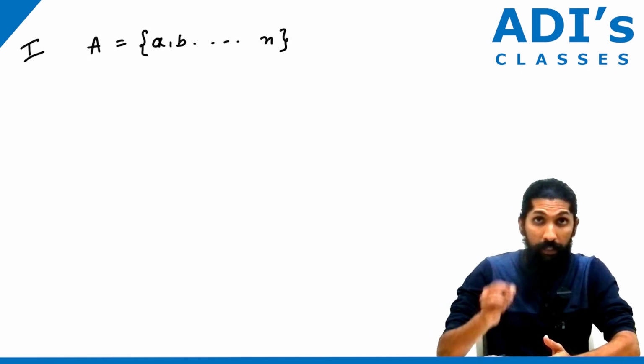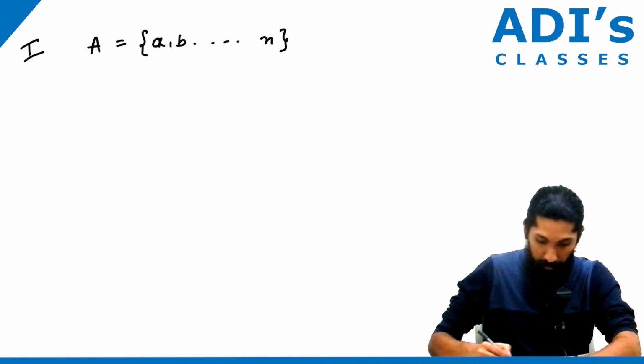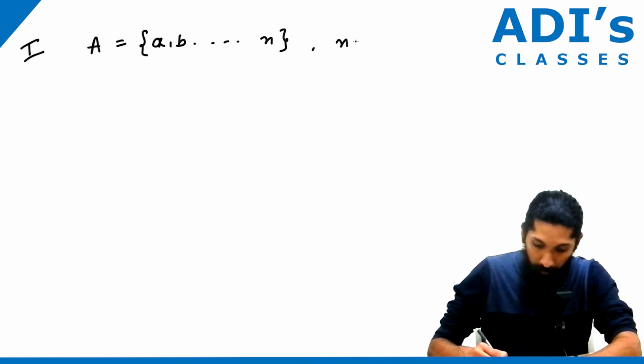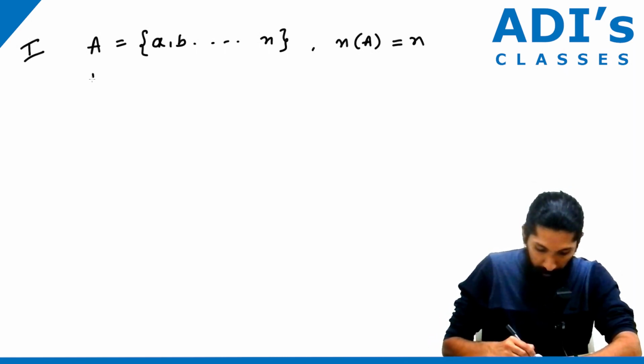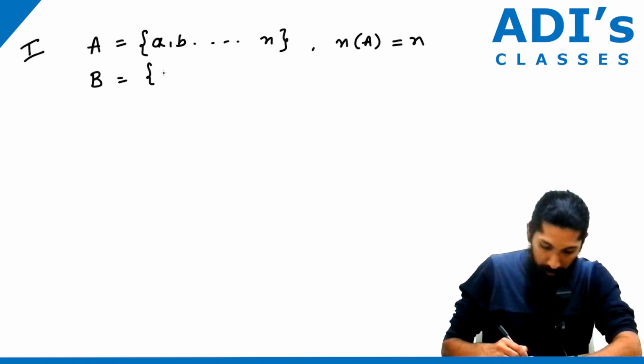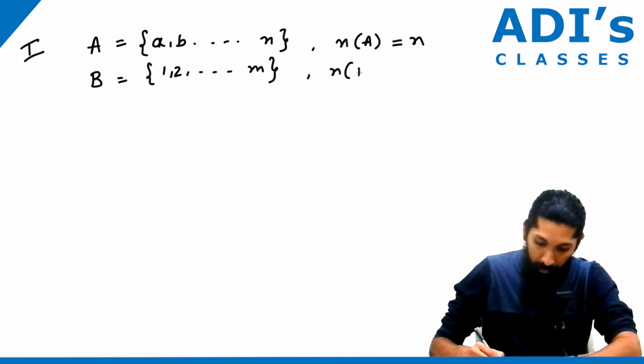Again, I'm not talking about the letter n, so you can write n(A) = n. And say B has m number of elements, so let's say this is 1, 2, 3 and so on till m. That means we have n(B) = m.